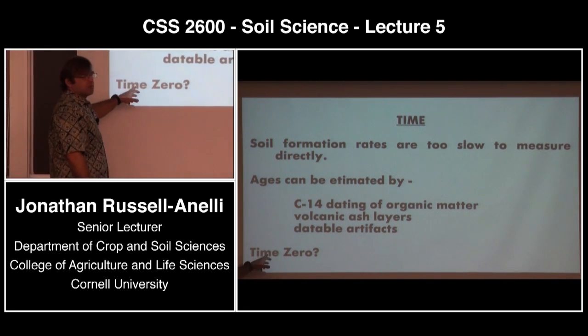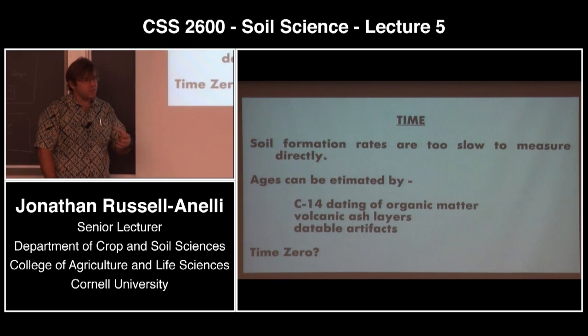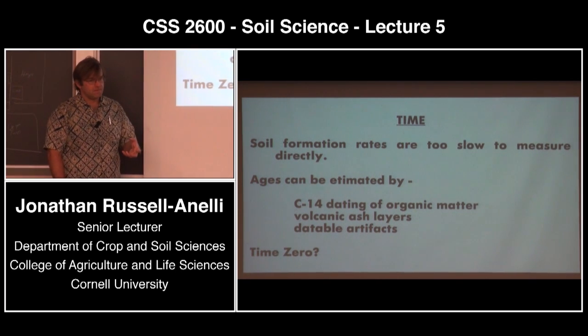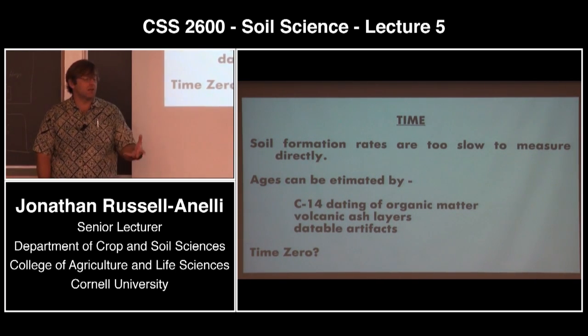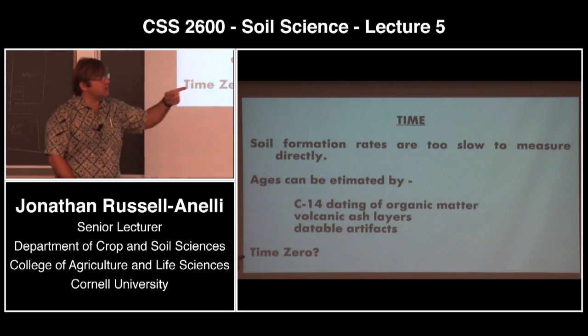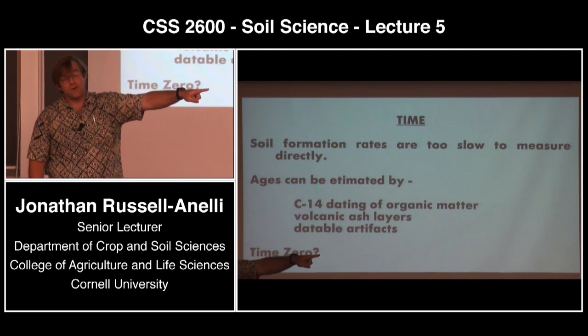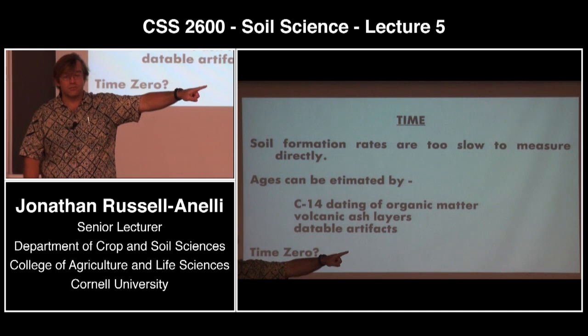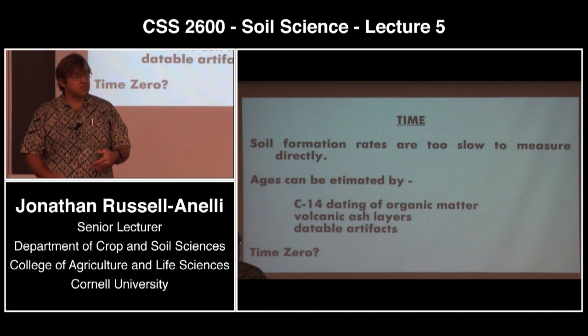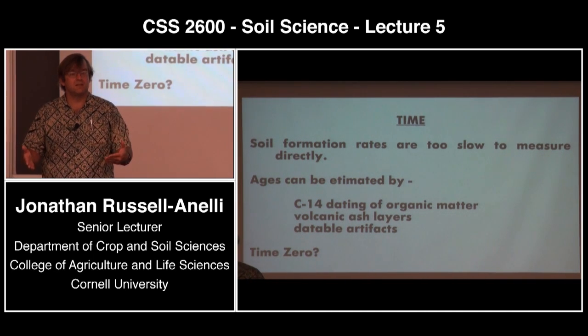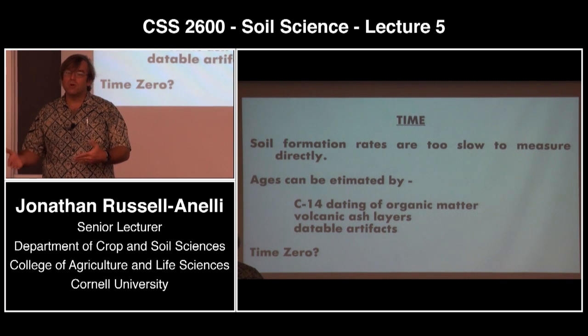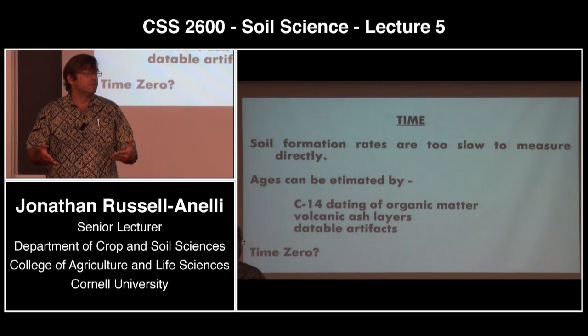Time is very relative. At what point did this soil start? And then throw another added component on it. If any of these other four soil forming factors changes sometime during that timeline, the development of my soil is going to change direction. Does that make sense?